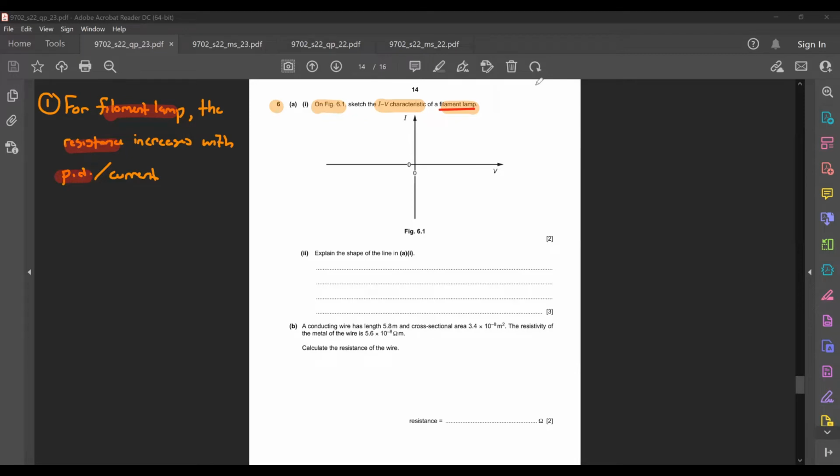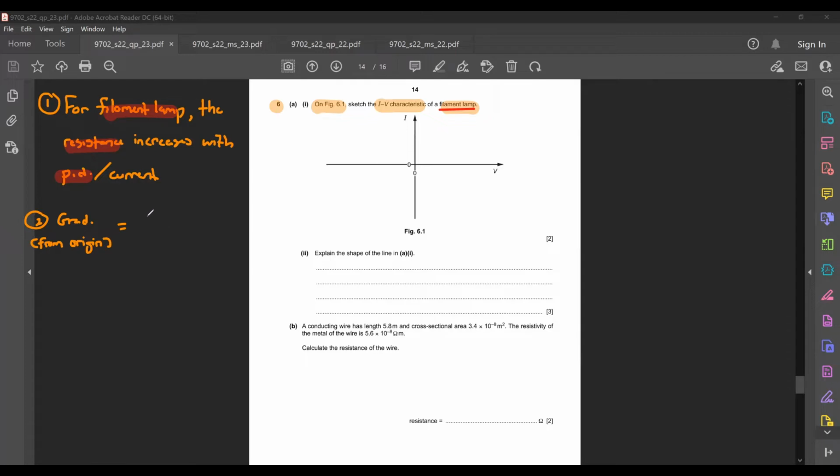Then after that, the IV graph will be able to tell us how the resistance changes depending on how it's drawn. That time specifically I mentioned to you, if you were to take the gradient, not the gradient of the tangent, but rather the gradient from origin, that would allow you to find out what your resistance is at that particular point.